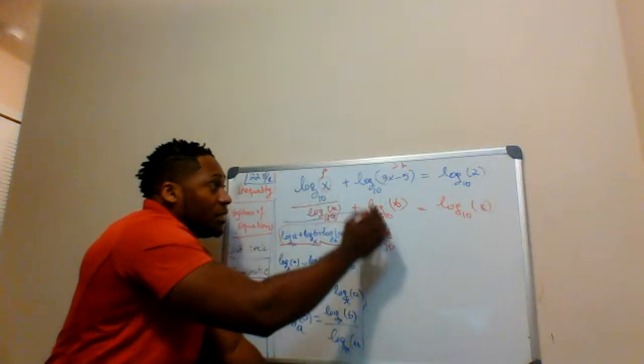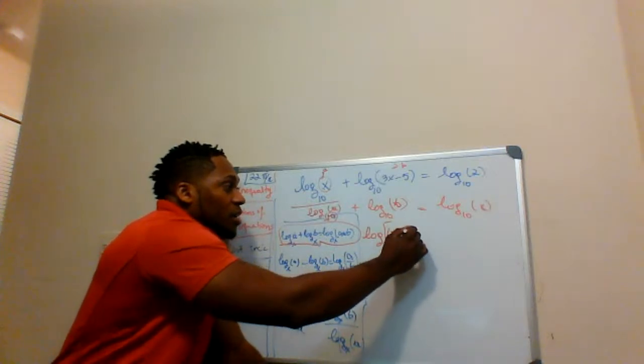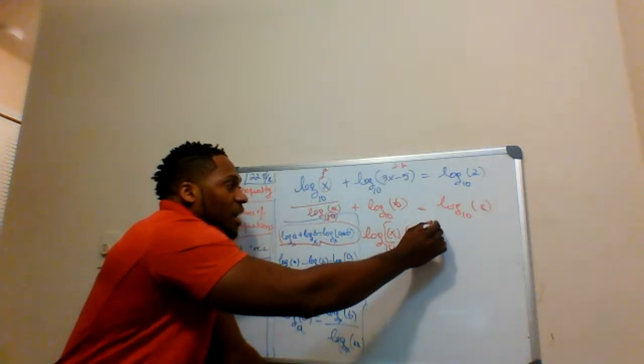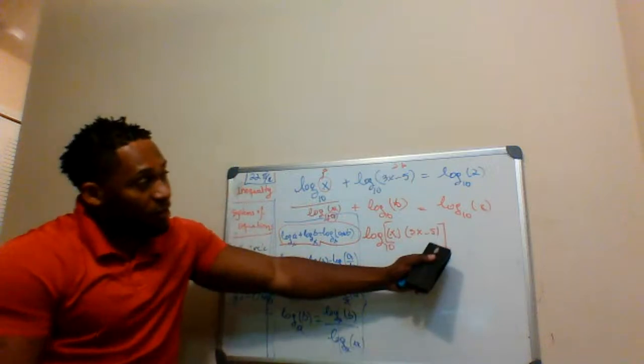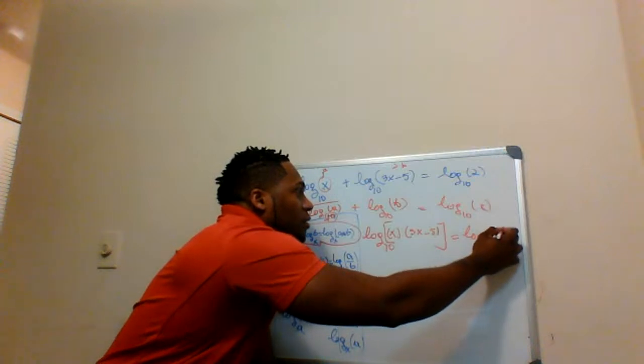So I'm going to multiply a, which is x, by b, which is 3x minus 5. And that equals log base 10 of 2.